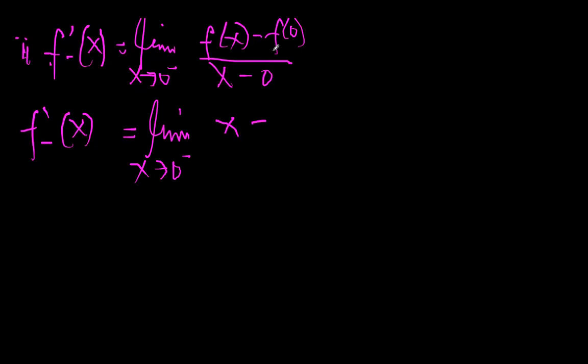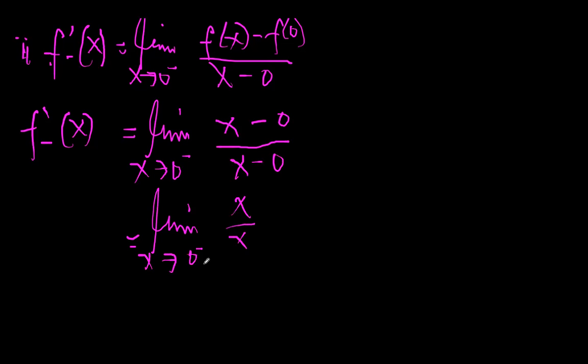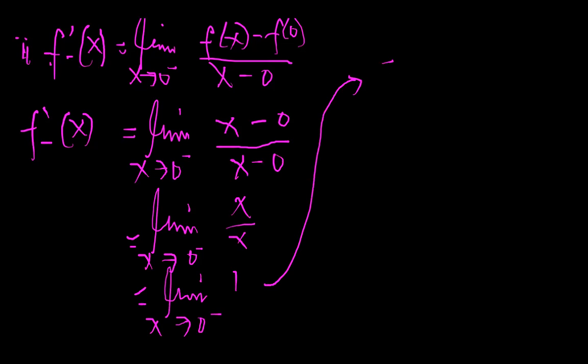And of course, the function value when x is equal to 0 is 0, and x minus 0. So this becomes the limit of x over x as x approaches 0 from the left, and this is just equal to the limit of 1 as x approaches 0 from the left, which is just equal to 1.